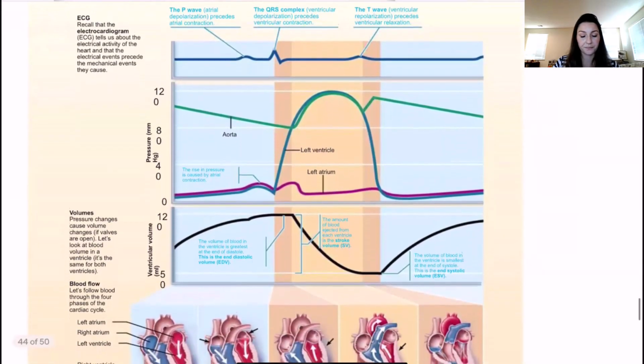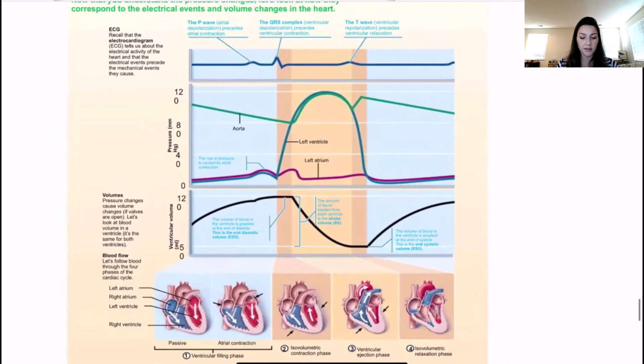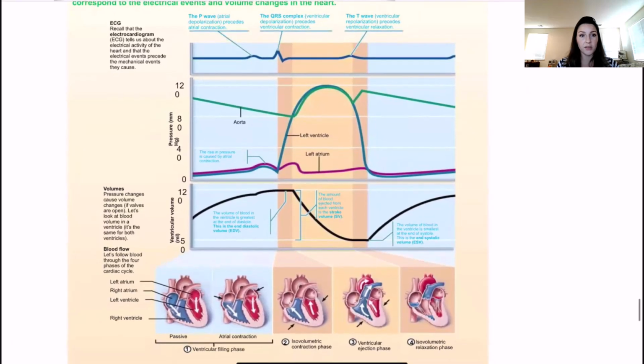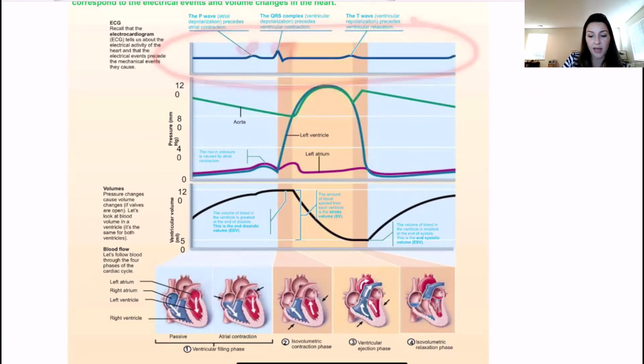Alrighty. So what we're looking at here, I'm going to zoom out just so we can see all the things. At the top, we have an ECG. We have our P wave, our QRS complex, and then we have our T wave. Remember that electrical activity leads to mechanical events. So we'd expect that a little bit after the P wave, the atria would start to contract.